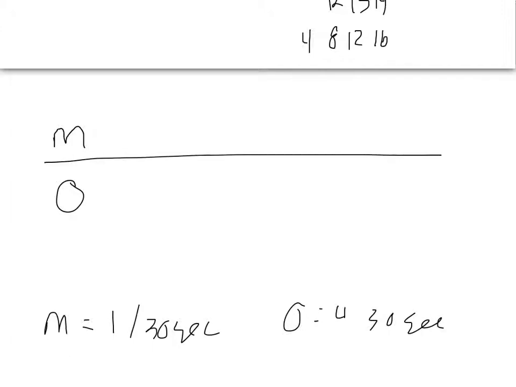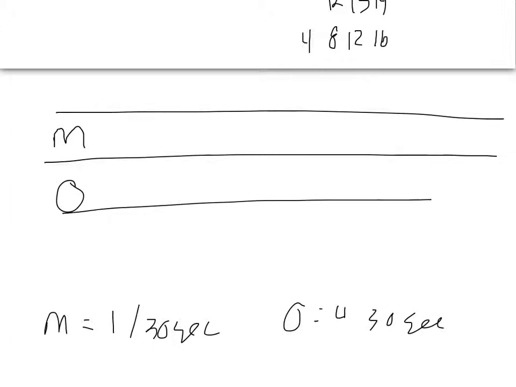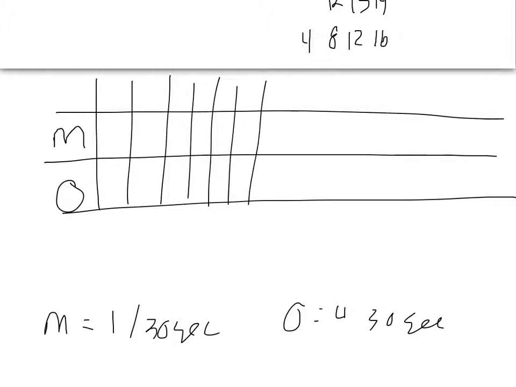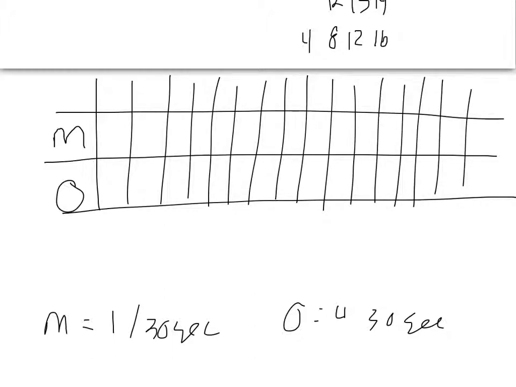We'll do this, and it'll give us something similar. Now, I'm going to use these as 30-second segments. So if we have one 30-second segment, the media printer did 1, the office printer did 0. The second 30-second segment, media's got 2, office has 0.